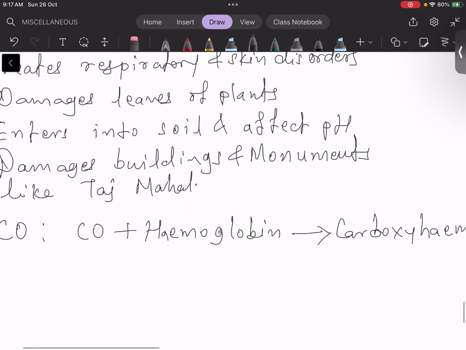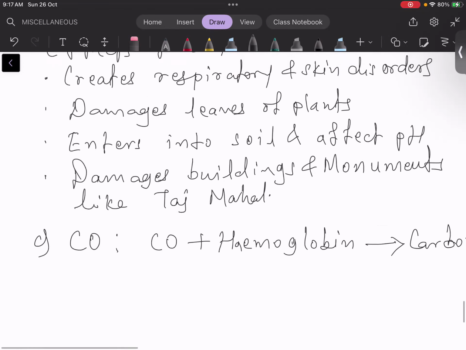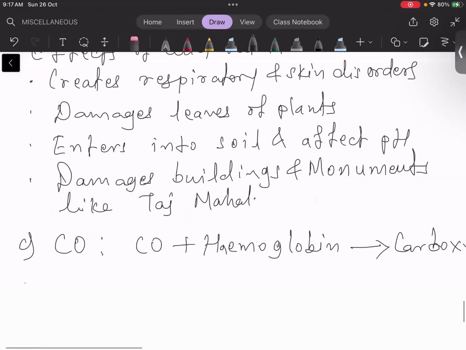The next one is nitric oxide. Generally, nitric oxide, that is NO, then N2O, nitrous oxide, then other gases like N2O5, are produced by thermal power plants, automobile industries, as well as aircraft, due to burning of coal and petroleum.